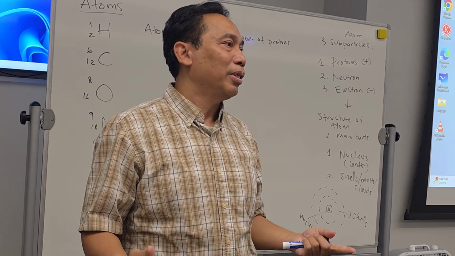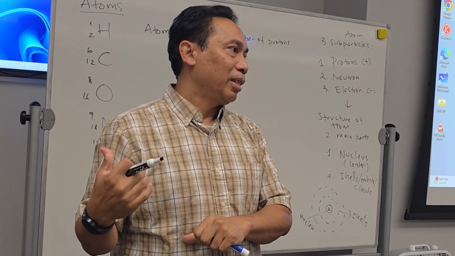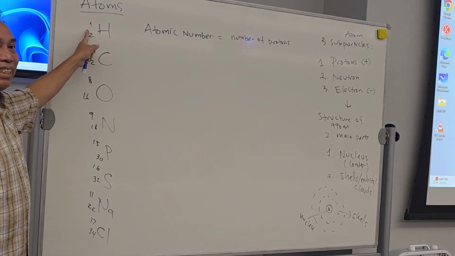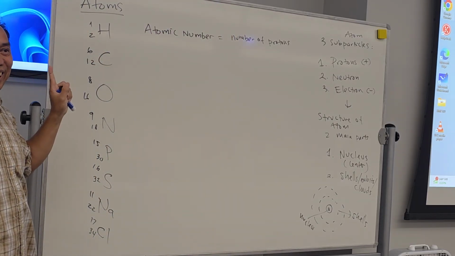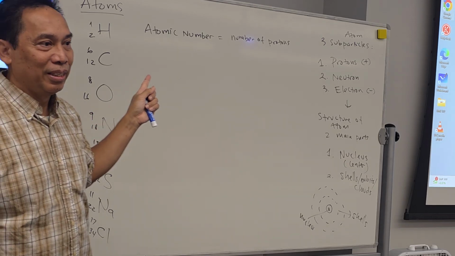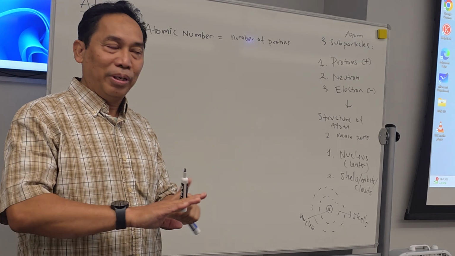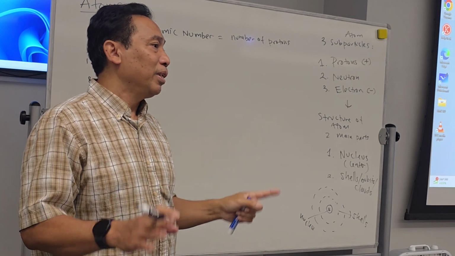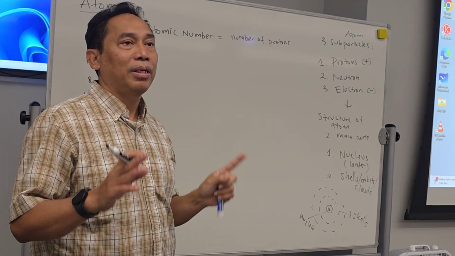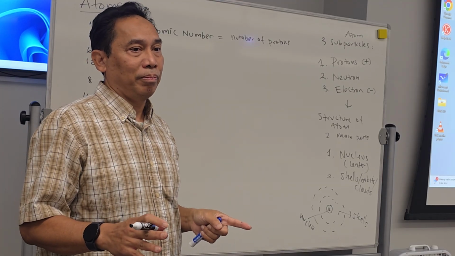How many protons does that atom have? Now hydrogen, how many protons does it have? One. Carbon, how many protons? 6. Just like that. So it's very specific. Different atoms will have different atomic numbers. They carry different numbers of protons.